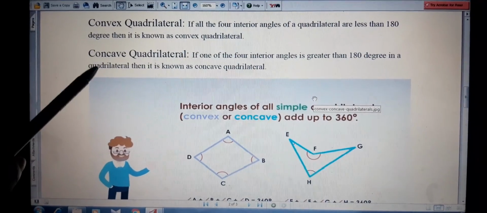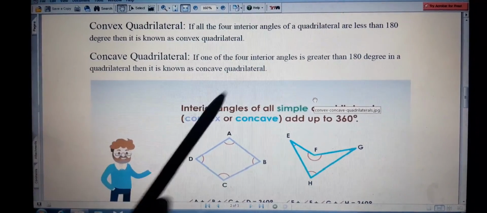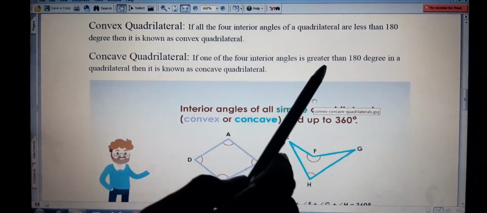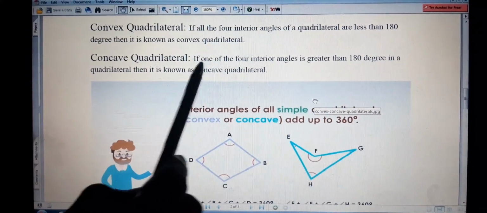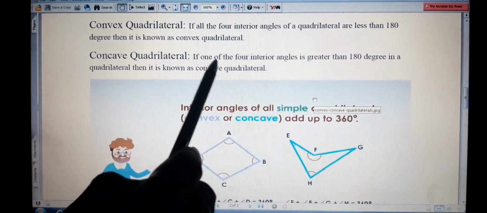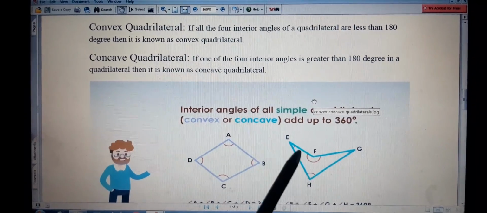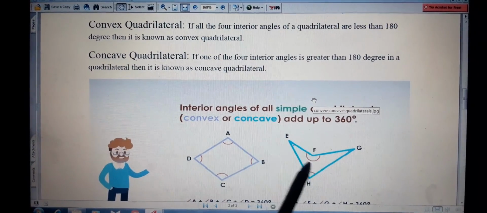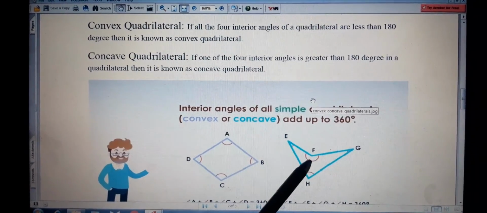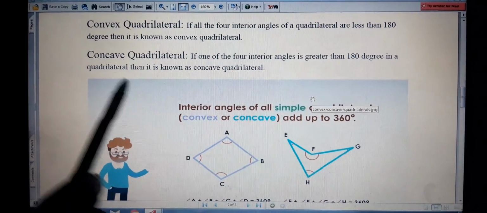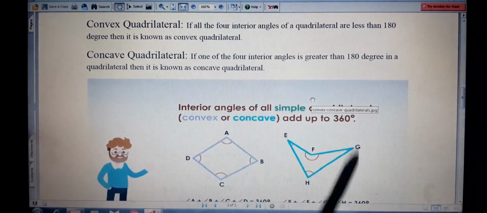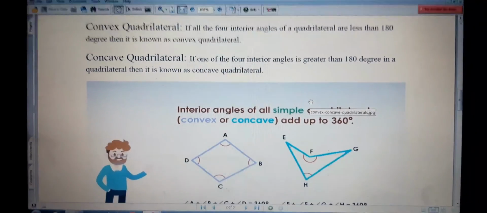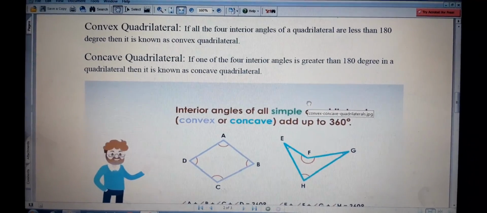Now we are coming to the next part, concave quadrilateral. If one of the four interior angles is greater than 180 degrees, not all four, just one. Here are four angles E, F, G, H. You can clearly see the angle F is greater than 180 degrees. So this quadrilateral EFGH is known as a concave quadrilateral.